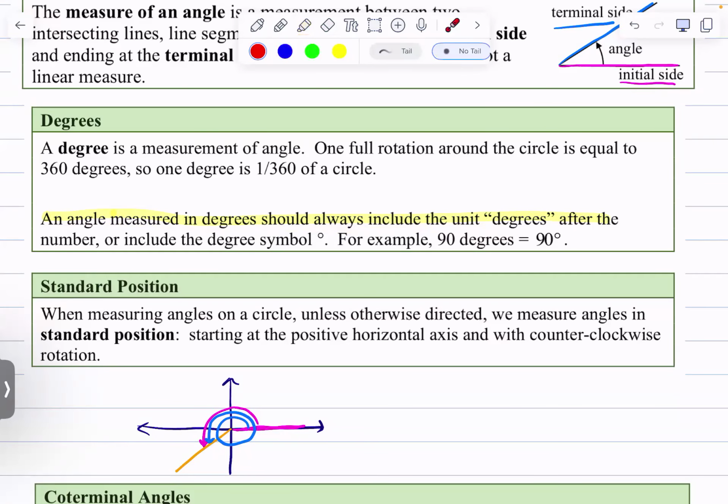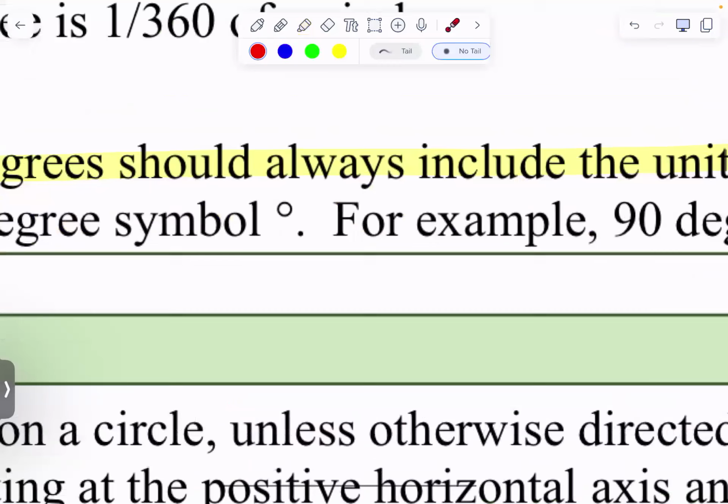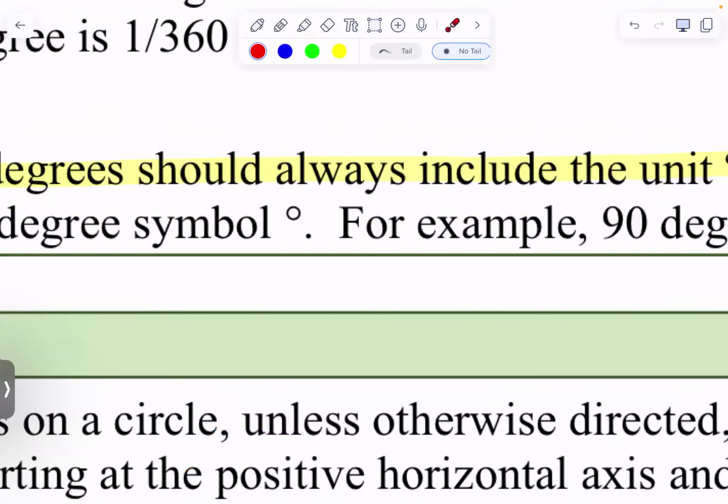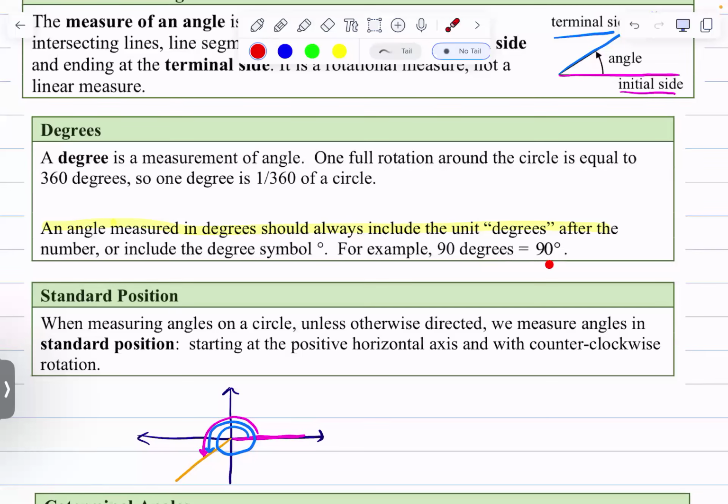So you can say degrees, or you can use this little degree circle, which you're probably familiar with. 90 degrees is 90 degrees, and we indicate it by our initial side, our terminal side, and a little square in the corner. That's true for triangles too.